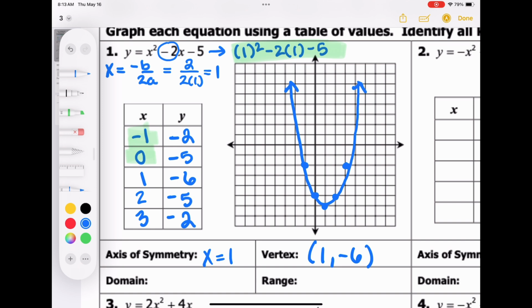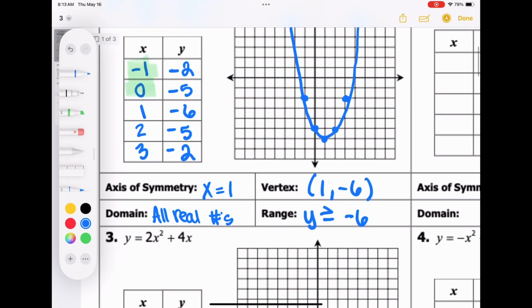Now I need to find the domain, which will always be all real numbers. And then the range: I take the y value of my vertex, which is negative 6, and since it's facing up, I'm going to use the greater than or equal to sign. All right, and that's all for number 1.